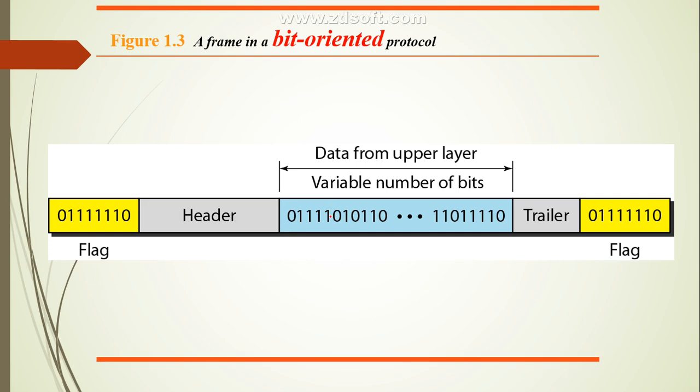Then we need to somehow inform the receiver that this is not the end of the frame, because the same bit pattern may occur in the data section, and the receiver would come to know it as the end of the frame, although it is not. So we need to inform this to the receiver.